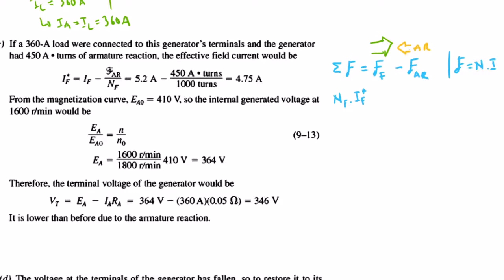This is a simplification, but more or less this is what's happening. So the total MMF will be the difference between the two, which will give us this.